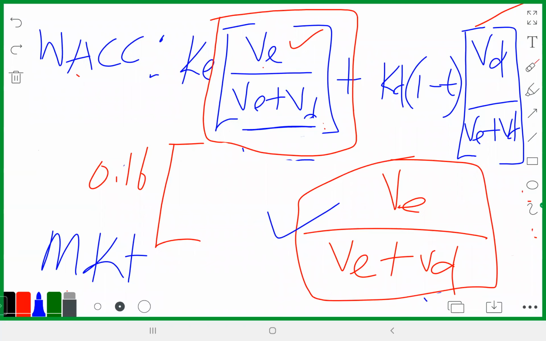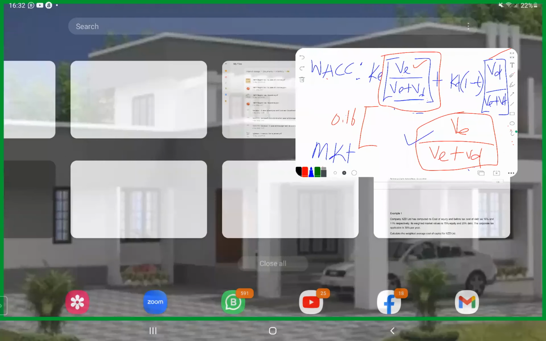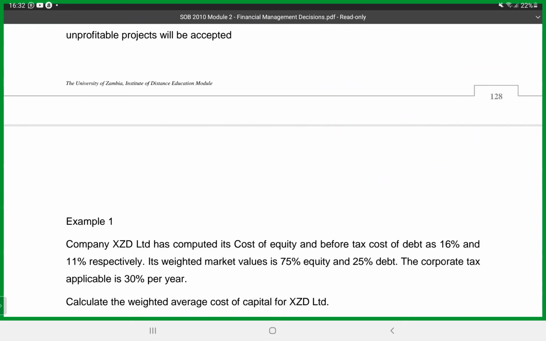So the latter one is the market weight of debt. So what are we given in the question as the market weight of equity? 75%, isn't it? The weighted market value is 75% equity. So 75%, which is 0.75.